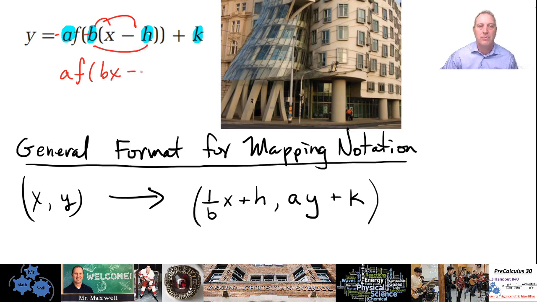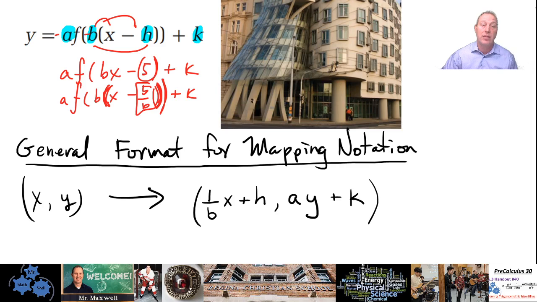So if you have something like this, okay, well, h is not 5. You'd have to actually factor this out, so you'd have to factor the b out, so it's actually 5 over b. Okay, I might have just totally messed you up there, but you have to have these second set of brackets in here for this thing here to be h.